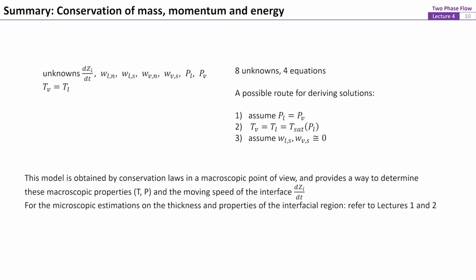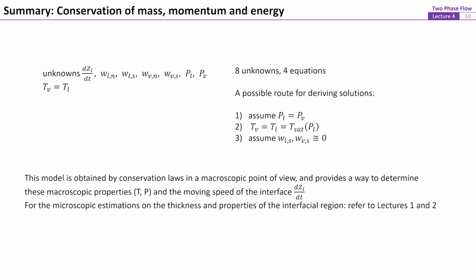Here, let's summarize this section. We derived a set of equations from the conservation of mass, momentum, and energy across the interface of liquid and vapor. There are at least 8 unknowns. Therefore, to use this set of equations for analyzing the transport phenomena across the interface, additional assumptions, relations, or measurement data will be required.